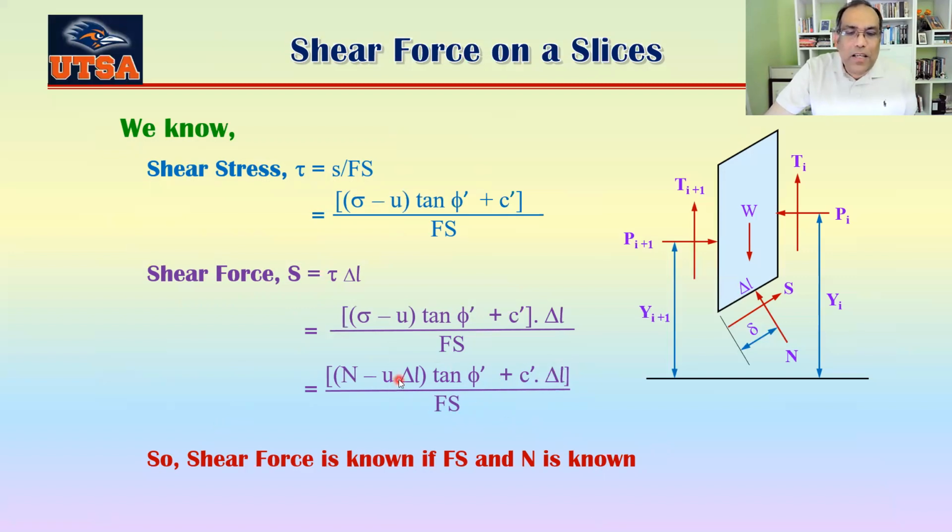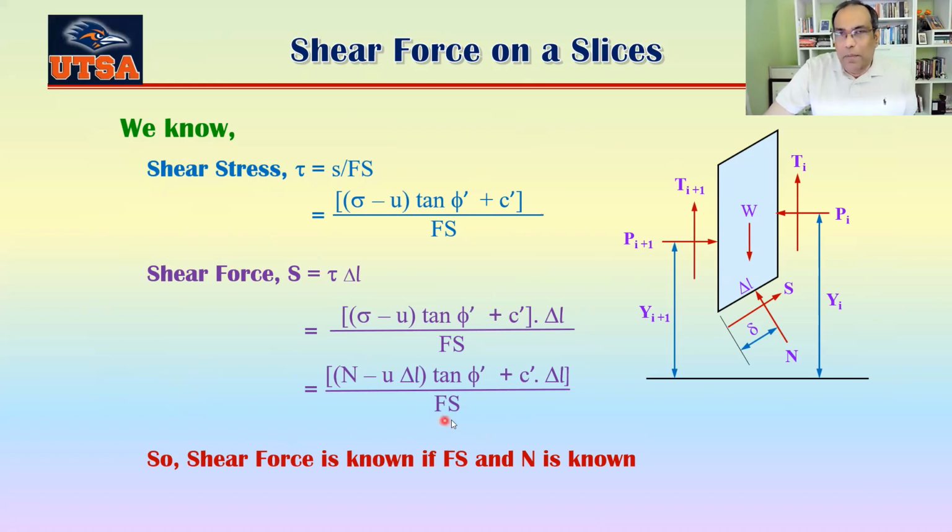From the location of the water table, you can find that one easily. So if you know your factor of safety and N, then you can find out your shear force. Even though we are considering this as unknown, if you know your factor of safety and N, then your shear force is not unknown anymore.